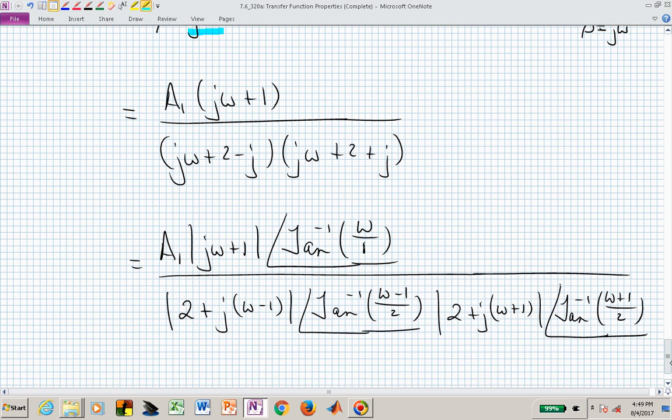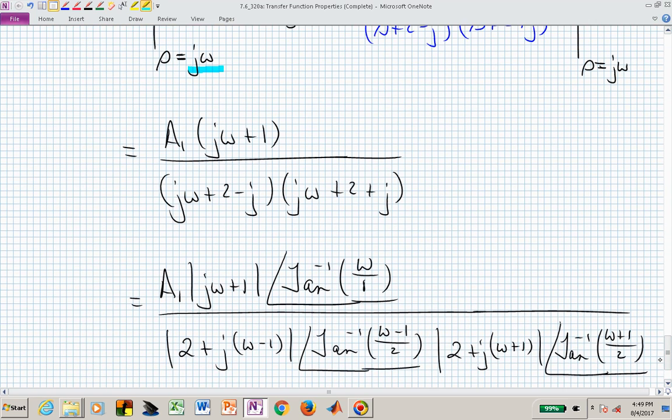We just have to add and subtract angles. In this case, the magnitude of our numerator would be the magnitude of the real part, which is 1, plus j omega. So the magnitude would be the square root of 1 squared plus omega squared.